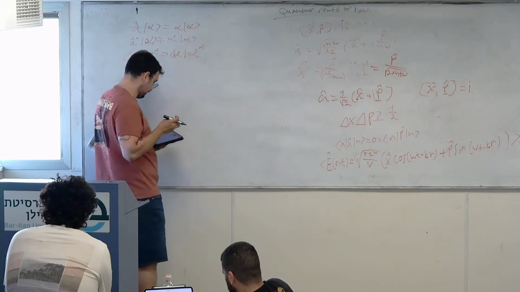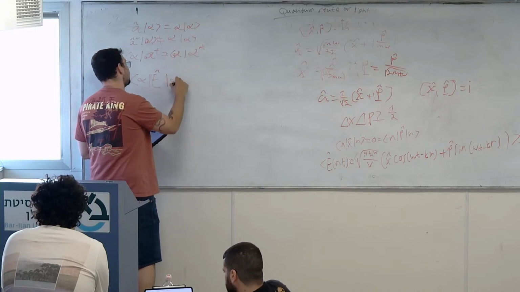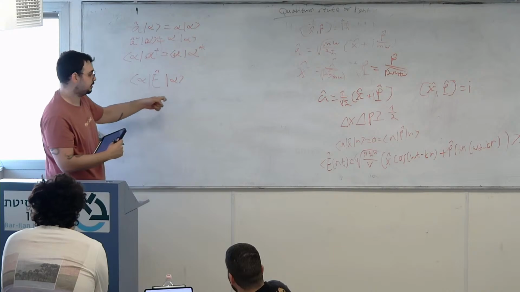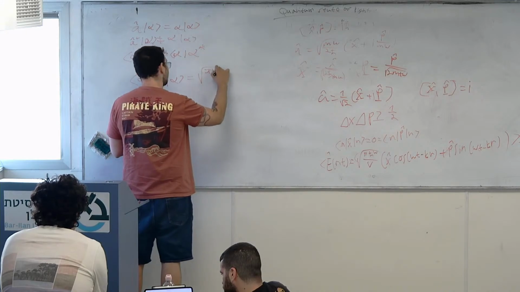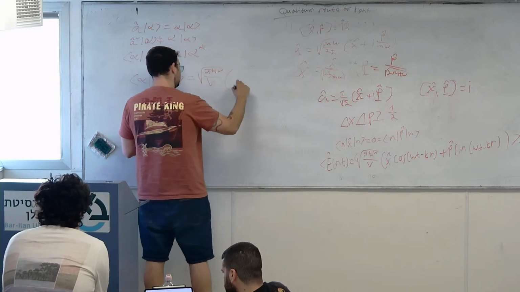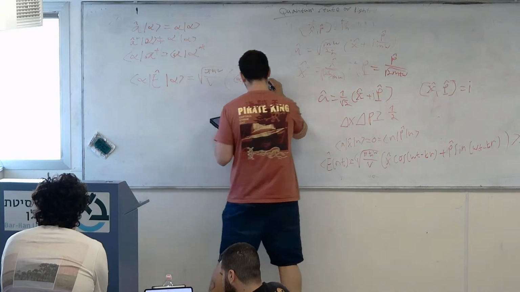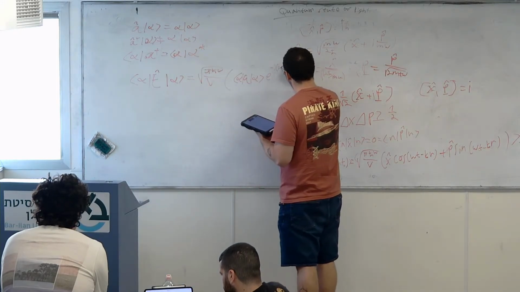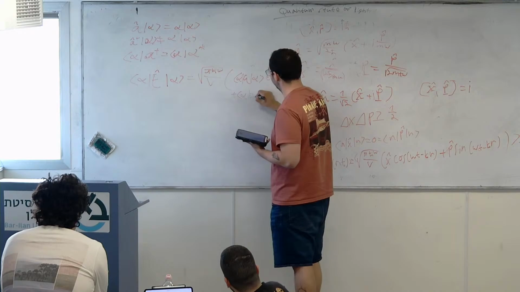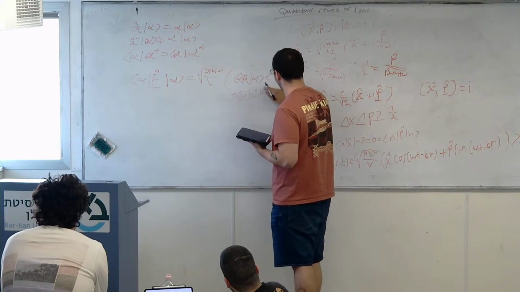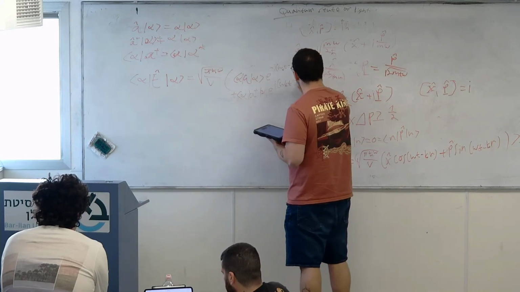So, yes, if you take a classical field operator and try to do the expectation value, this time on alpha and not on n, we'll see that we have a constant square root of pi h bar omega divided by v, times alpha e to the minus i (omega t minus k r) plus alpha conjugate e to the i (omega t minus k r).